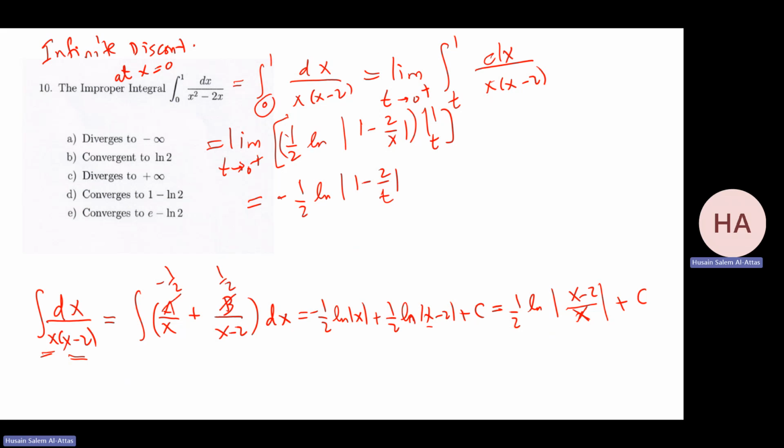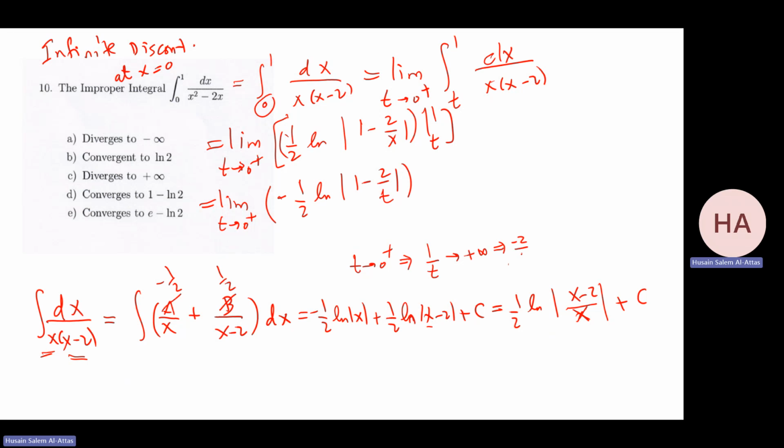Okay. Now be careful. Don't forget the limit of this. Now let me do it in steps. T goes to 0 from right. Minus 2 over t, 1 over t goes to plus infinity.